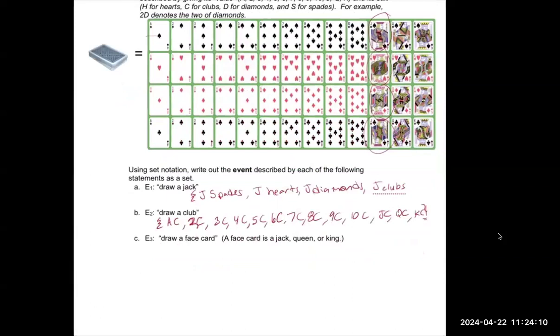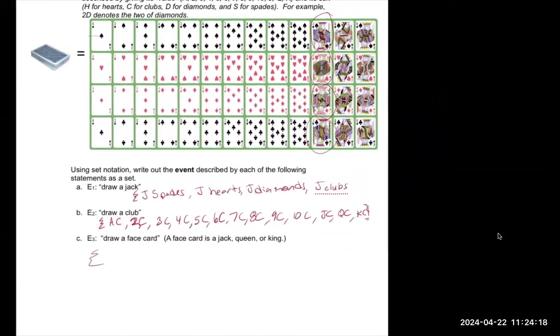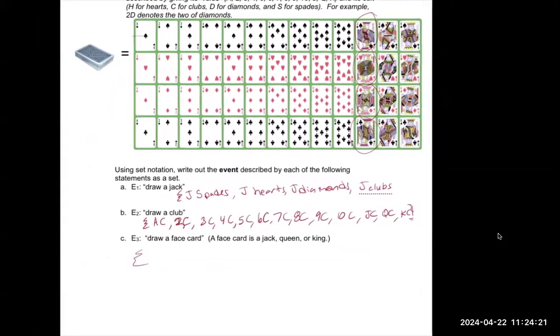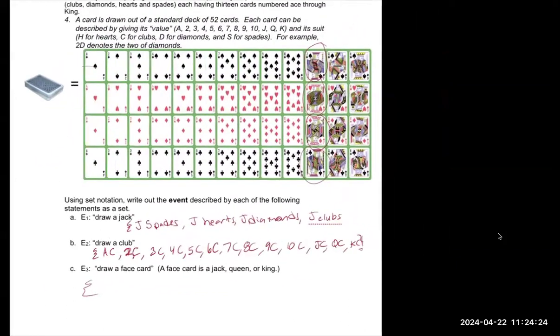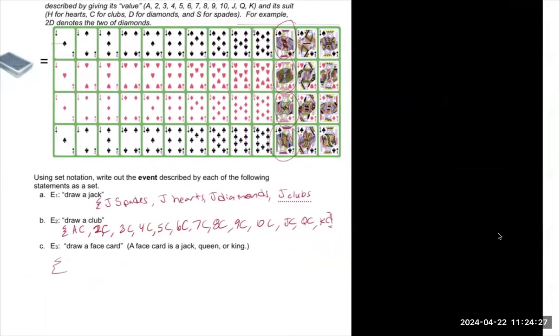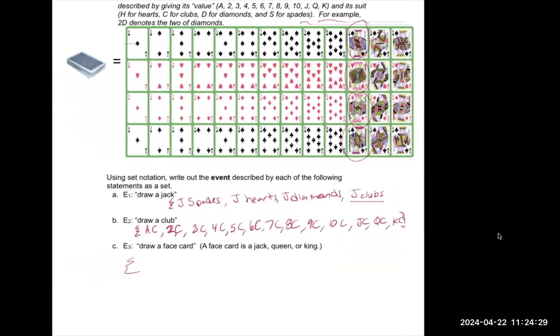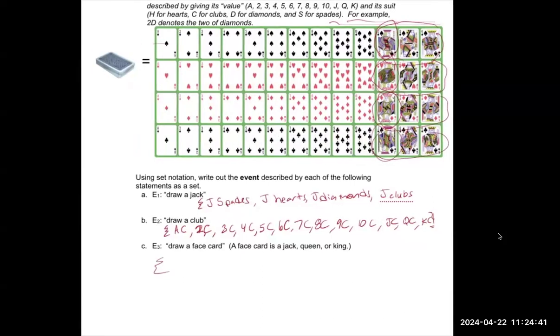Then it says draw a face card. A face card is a jack, queen, or king, like I mentioned. So if I wanted to draw a face card, out of all the cards in the deck, the face cards are over here. There's jack, queen, king of spades, jack, queen, king of hearts, jack, queen, king of diamonds, and jack, queen, king of clubs. Let's just list that out. It's jack of spades, queen of spades, king of spades.